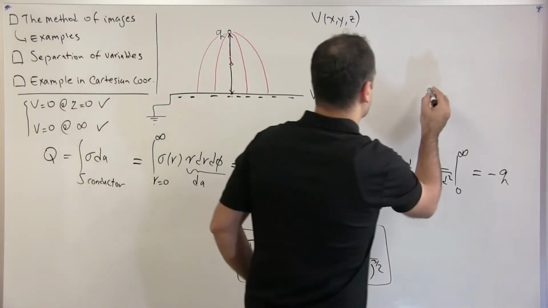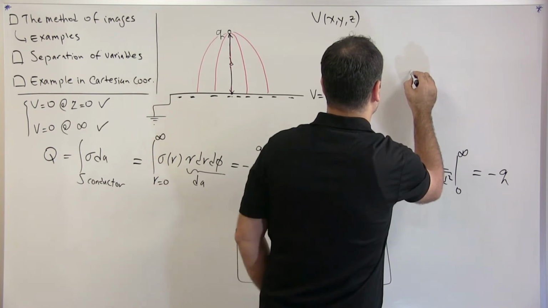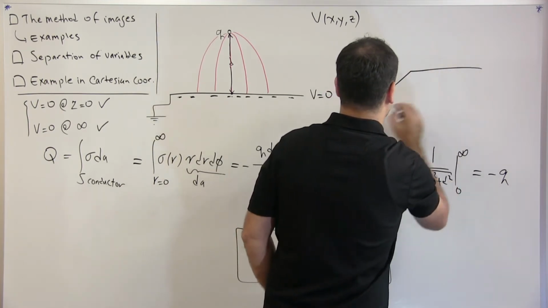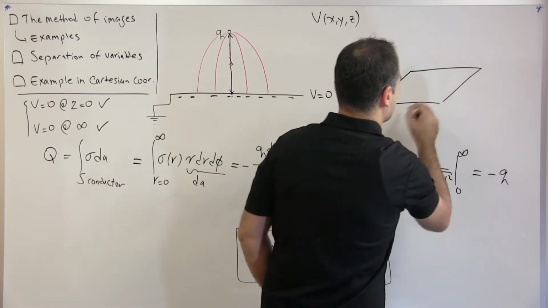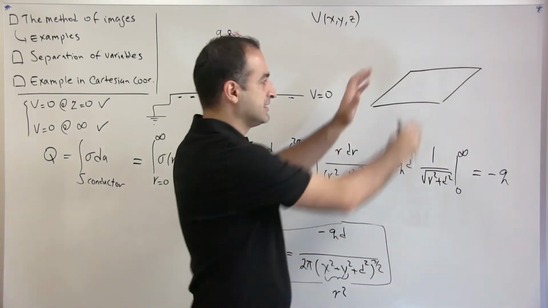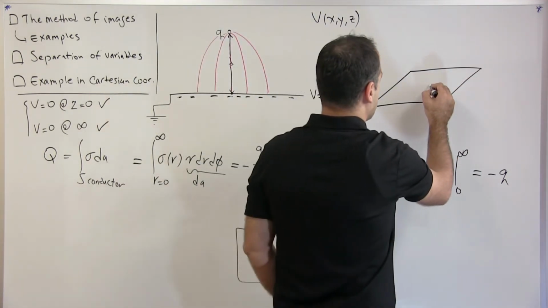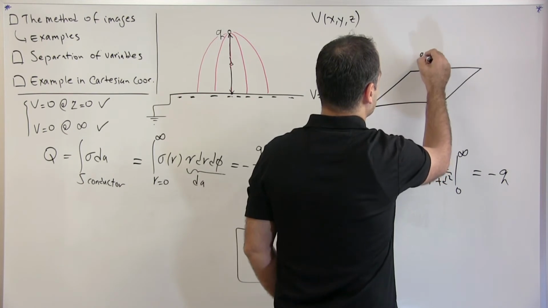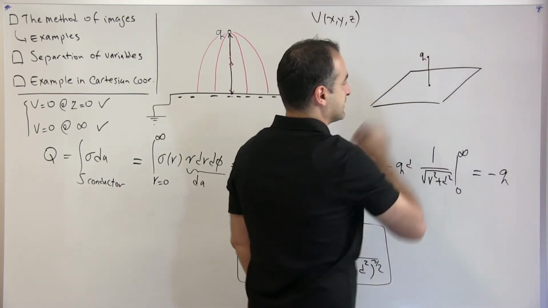Let me draw it in three dimensions so that it might be easier for you to imagine what's going on. Imagine this is the surface of the conductor. Of course, it extends all the way to infinity. And this is the charge Q you have. And this is the surface.